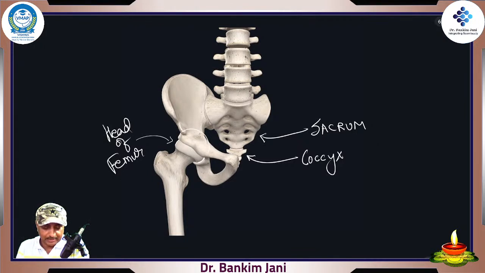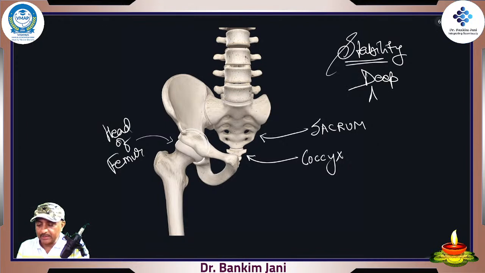As we said, over here stability is important, and that's why there is a deep acetabular cavity, deep acetabulum. Ankle is a joint, right? Not only the tarsal bone, you'll see, but yeah, tarsal is the main one. So deep acetabulum, that's for stability.